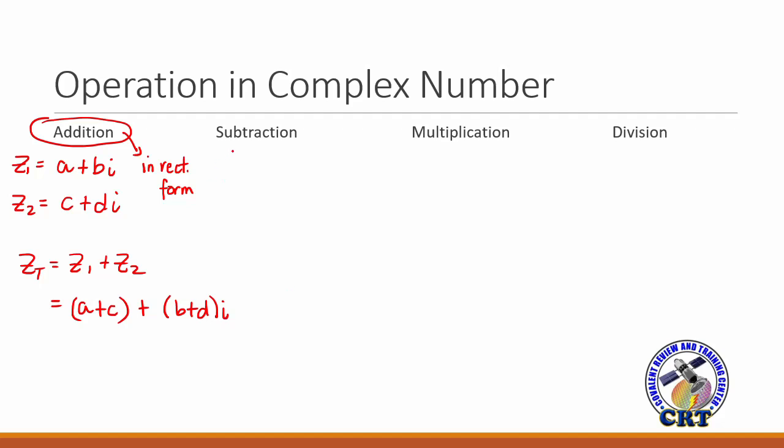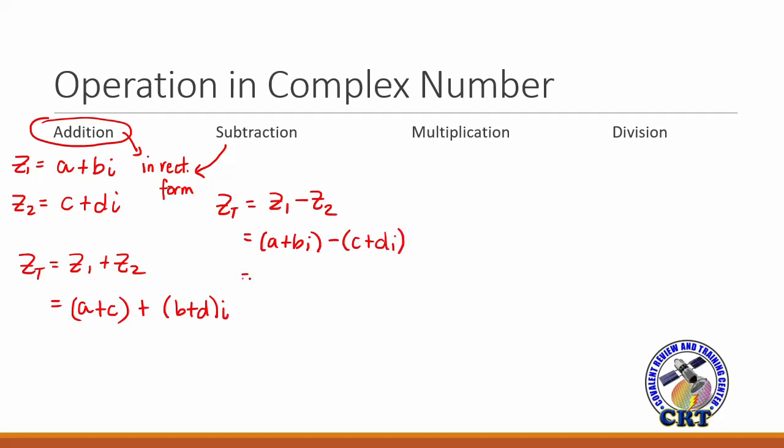While for subtraction operation, this requires also the complex numbers in rectangular form. So if we are asked to find z total equals z1 minus z2, this simply means a plus bi minus c plus di.